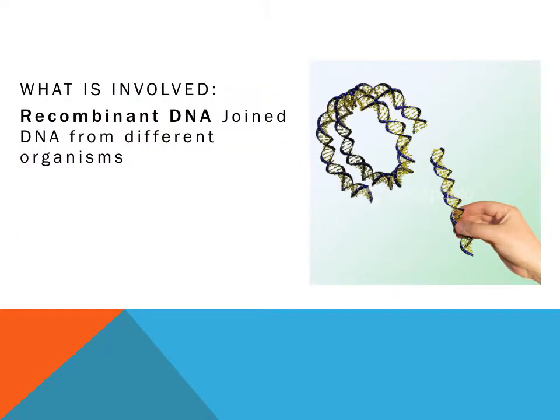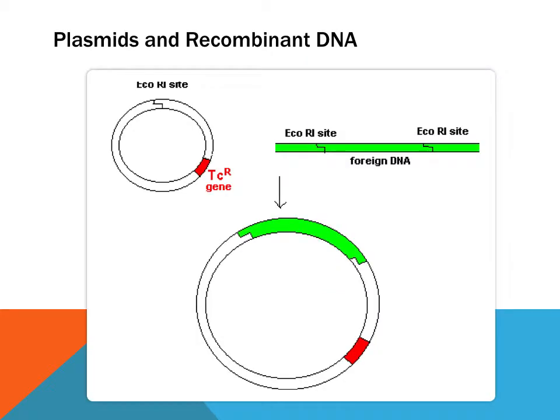So what is involved? You're taking recombinant DNA, like recombination, recombinant DNA. You're joining DNA from different organisms. So you're taking the DNA from one animal and you join it with the DNA of another animal. Okay, so if you look here, this is just a little cartoon.